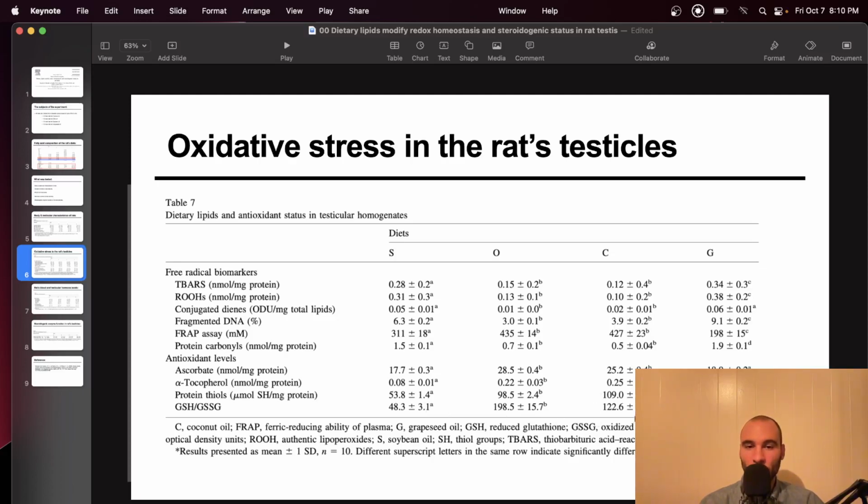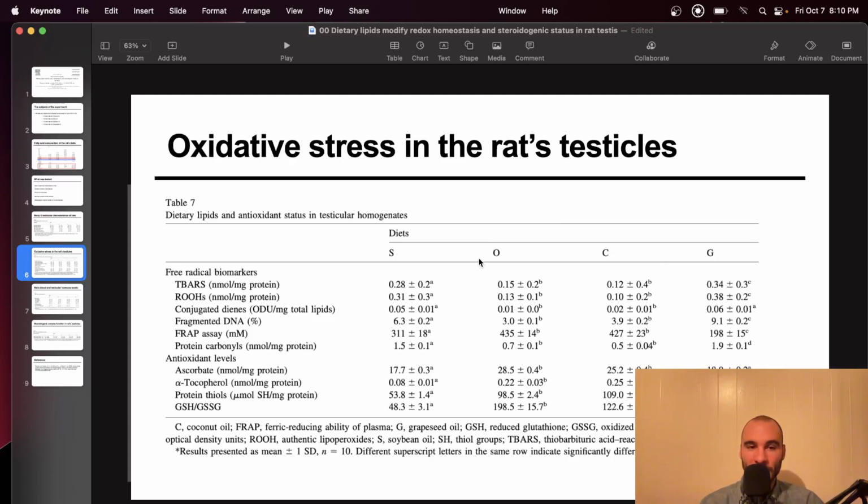And then in the coconut oil group, there's almost 3 times more reduced glutathione to oxidized glutathione than in the soybean oil group. The grapeseed oil group is even worse than the soybean oil group, coming in significantly lower than the soybean level, so multiple times lower than the olive oil and the coconut oil groups.